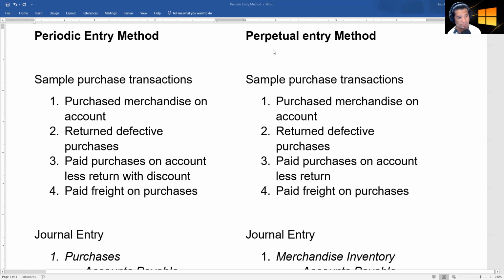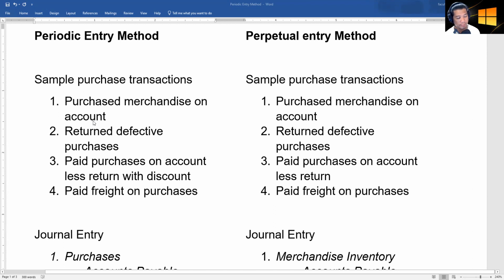When it comes to periodic entry method, nandito siya. So, apat lang yung mga purchase account na na-identify natin before. First, meron tayong na-identify na purchases, purchase returns and allowances, purchase discount, at saka freight in. So, parte siya ng purchases.